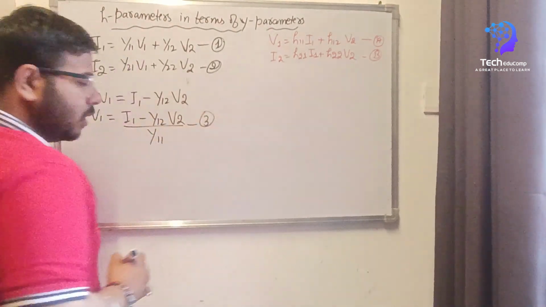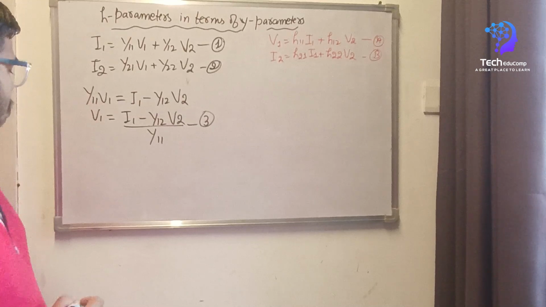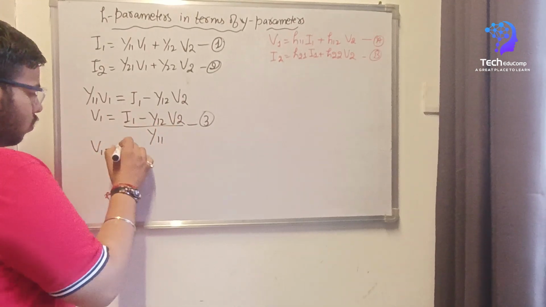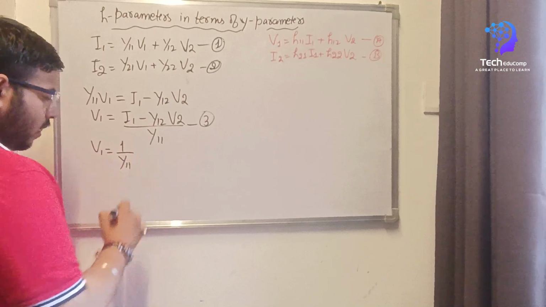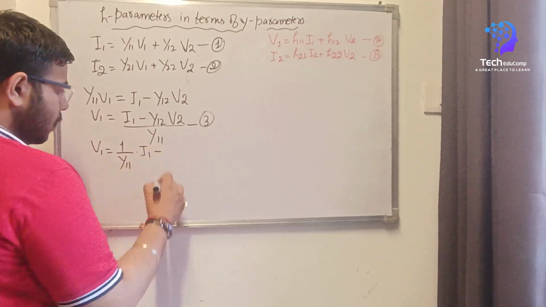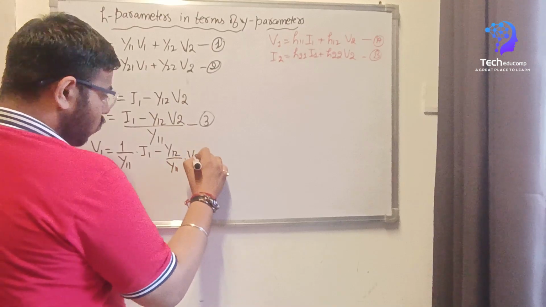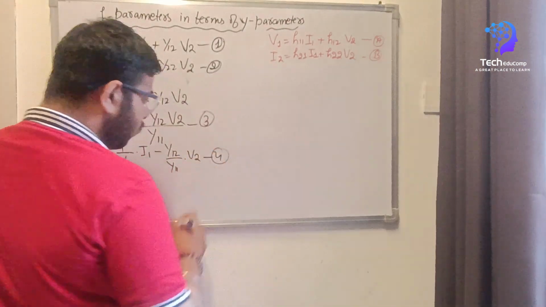This is equation number 3. Now when you simplify this equation, we will get V1 equal to 1 by Y11 into I1 minus Y12 by Y11 into V2. This is equation number 4.